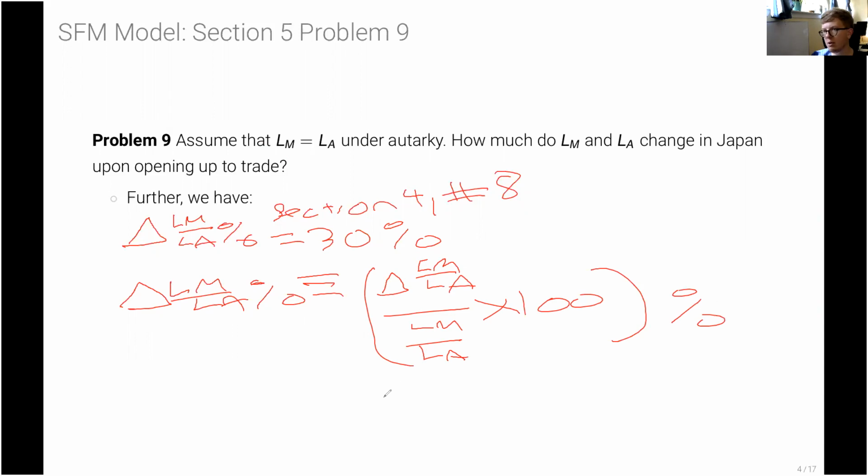In the section notes, you'll see that this is written down. In the slides, I like to use this notation because I think it's a little bit easier. But I want to be clear that if the section notes and the slides look different, it's not because we're doing anything different. I'm just defining the percentage change in this variable to be this term, and so I'm doing the same thing. I just think that this is easier to write. Okay.